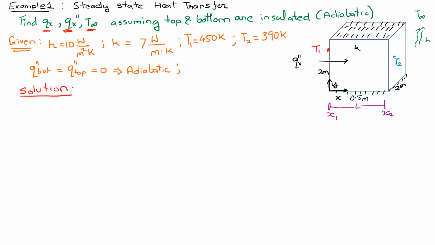So let's begin with finding the rate of heat transfer. To find the rate of heat transfer, that is Qx, we use Fourier's law, which is minus K times area times dT by dx.